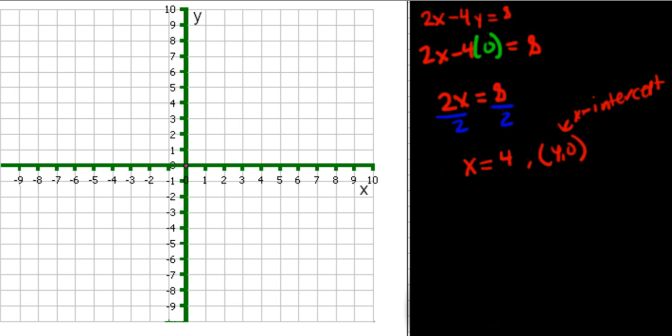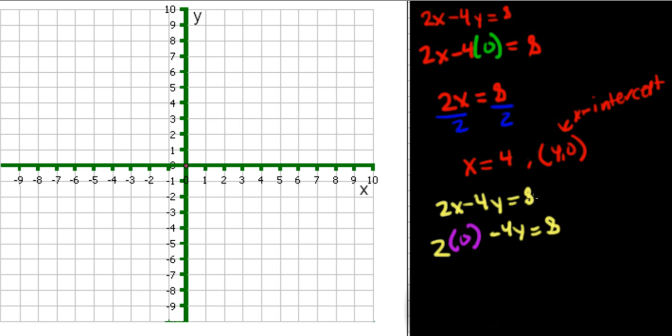Now we want to solve for the y-intercept. So if you remember, when we solve for the y-intercept, we put in 0 for the x. So we get 2 times 0 minus 4y equals 8.